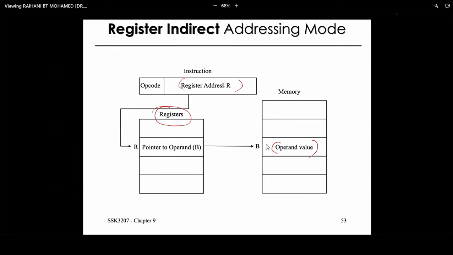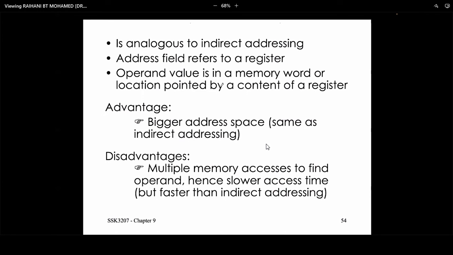Okay, so this register indirect addressing mode is analogous to indirect addressing. The address field refers to a register. The operand value is in a memory word or location pointed to by the content of a register. The advantage here is a bigger address space, same as indirect addressing, right?